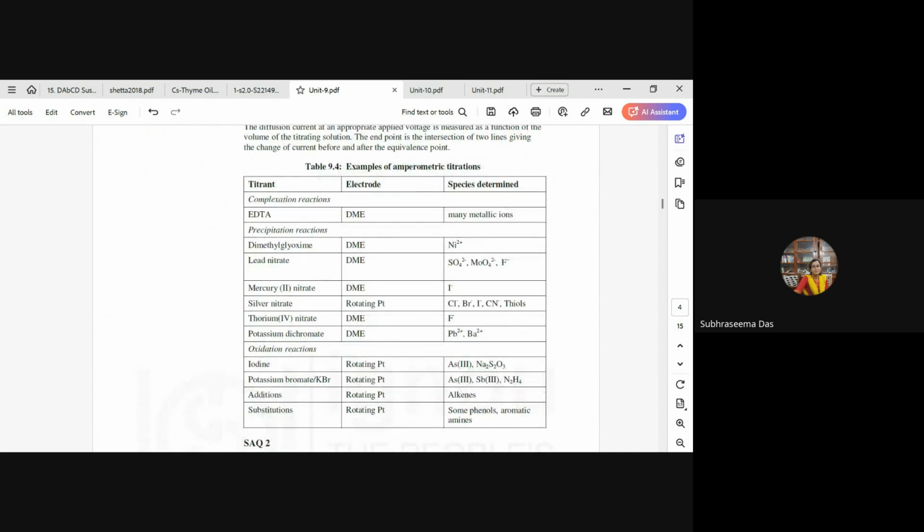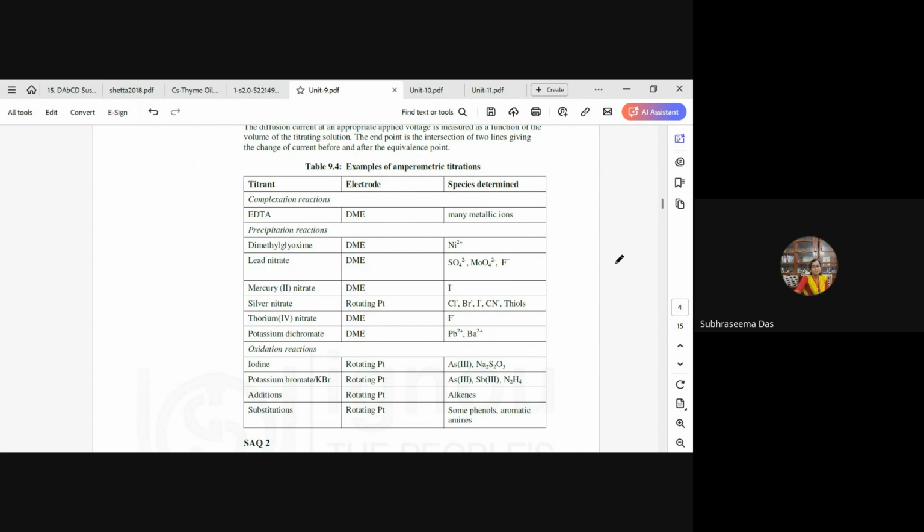Common examples of amperometric titrations include complexation reactions, which involve EDTA, and many metallic ions can be determined by this complexation process. For precipitation reactions, for example, if we take dimethyl glyoxime, nickel can be identified.